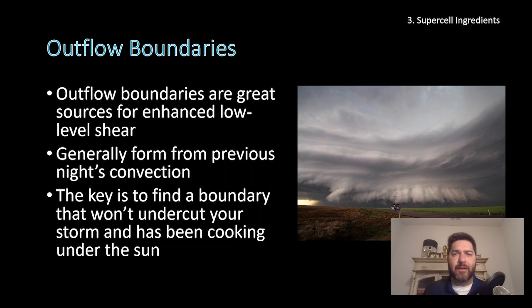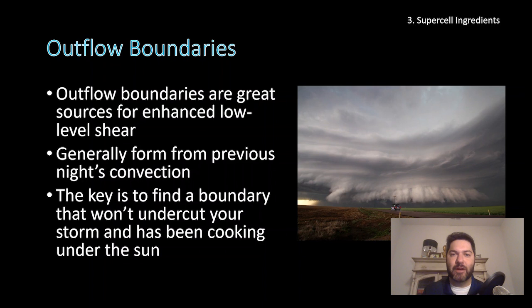So next we'll talk about outflow boundaries and their relationship to enhanced low-level shear. So outflow boundaries are a source for enhanced low-level shear, and we'll discuss how that works. But generally, outflow boundaries are boundaries that are created by evaporating rain. So you get evaporation, which is a cooling process that creates cooler, more dense air, and that spreads out from the storm.